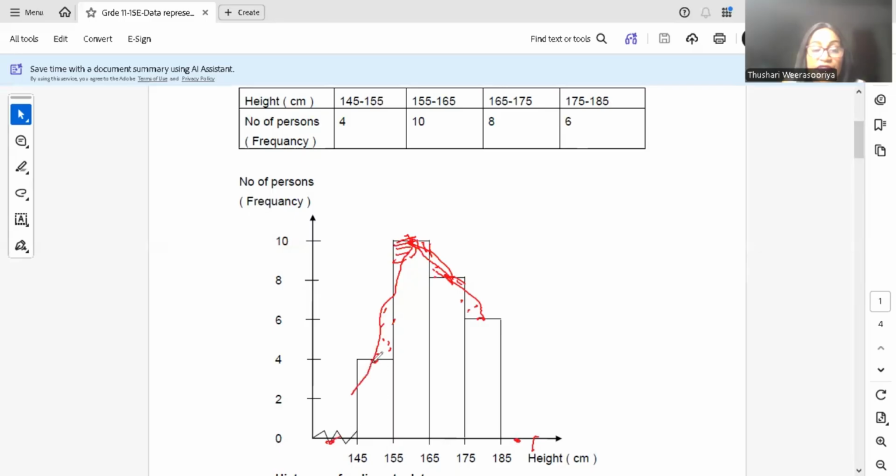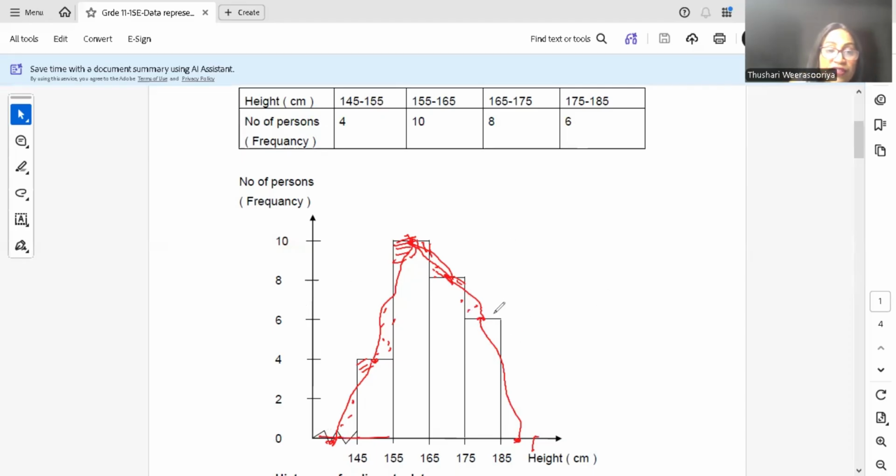Then you join this to this, and you cut this and add this. Every time, I cut a part from the histogram and add an extra part equal to that triangle to the polygon. So there you get a nice polygon curve. This is also covered with this, and there you get a polygon.